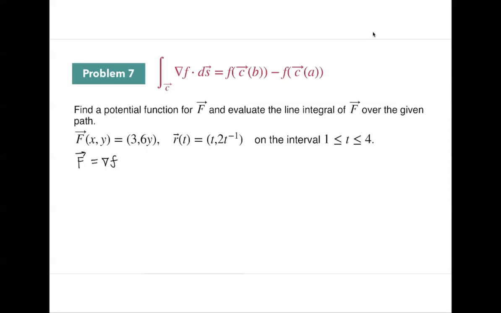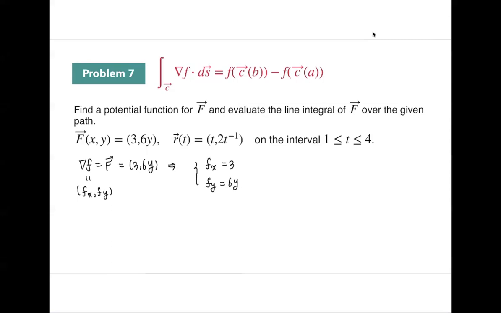So I think it's better to write it out like this: (3, 6y). You know, gradient f is given by f sub x and f sub y. So we have the equations f sub x is 3 and f sub y is 6y.